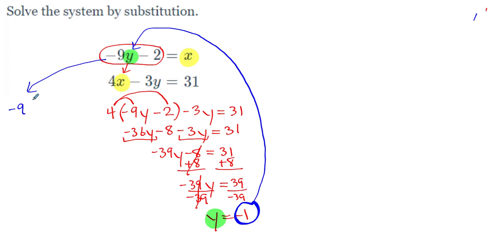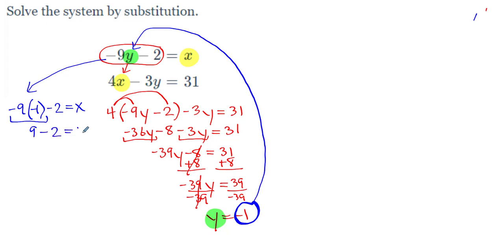So negative 9, parentheses, in goes negative 1, minus 2 is equal to x. Again, that's our goal. With all these numbers, all we have to do is follow order of operations, and we'll find x. So we're going to have to multiply negative 9 times negative 1 before we can subtract 2. So negative 9 times negative 1 is 9.